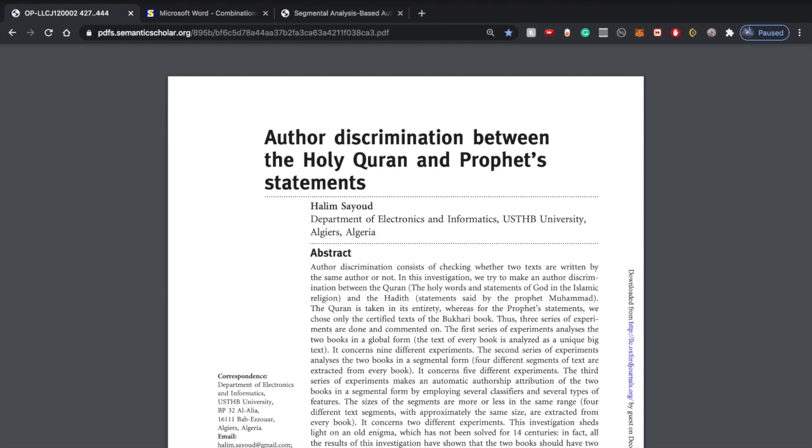Sometimes you find medieval works, and you want to know who the author is, and a lot of times stylometry is done to figure out who that author is. It's also a very popular technique with, for example, the New Testament, determining the author of the New Testament, sometimes done with Old Testament books as well.